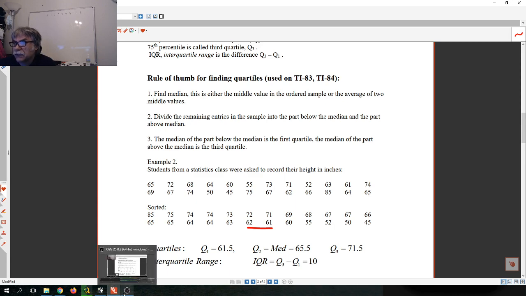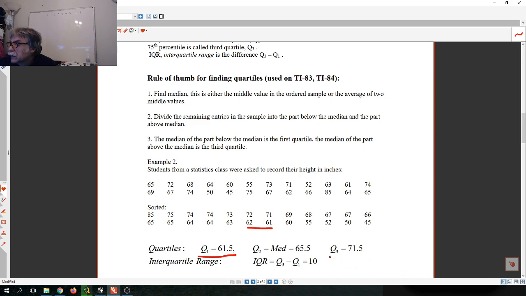Again, divide this part into 2 parts, and you'll find the lowest in the upper half and the highest in the lower half, and the average of these 2 in the middle would be 61.5. That is what we call quartile 1. So quartile 1 indicates the median of the lower half.